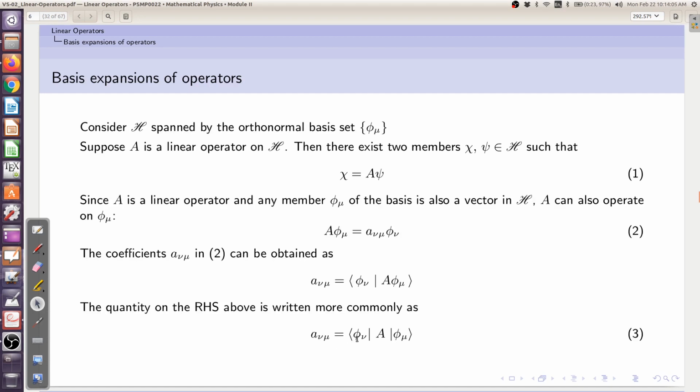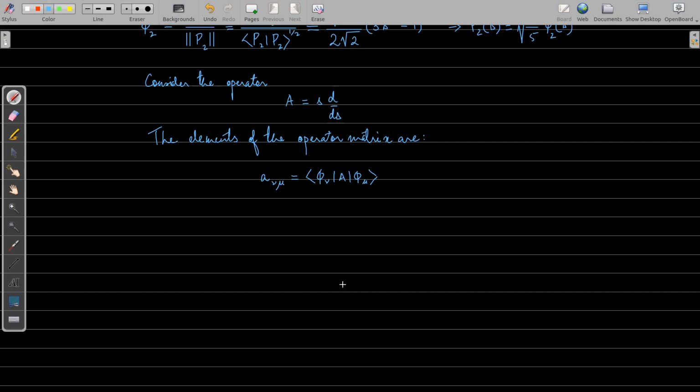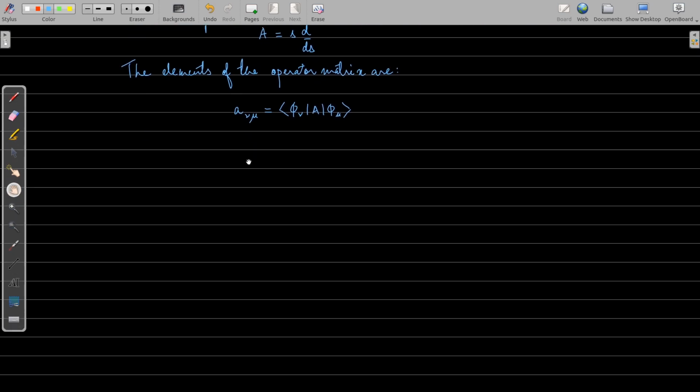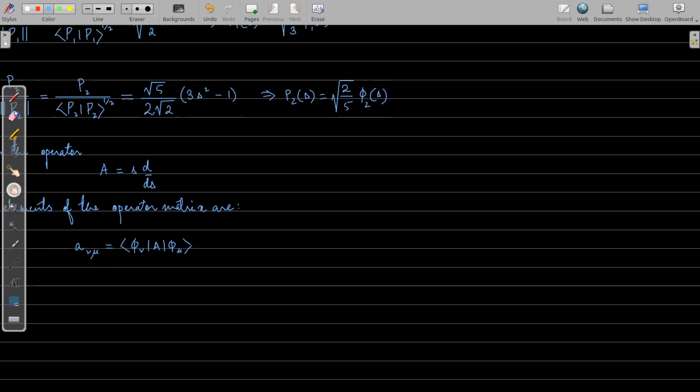Here, A nu mu is equal to phi nu A phi mu. Going back to this, we can use this to find out the coefficients. So what are the coefficients? This is the n cross n matrix. How will the matrix A look like?